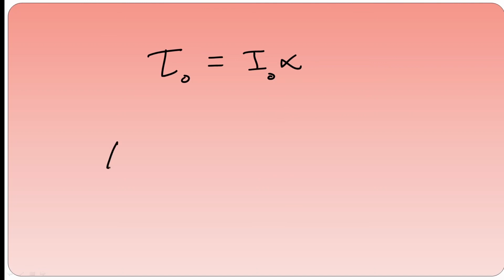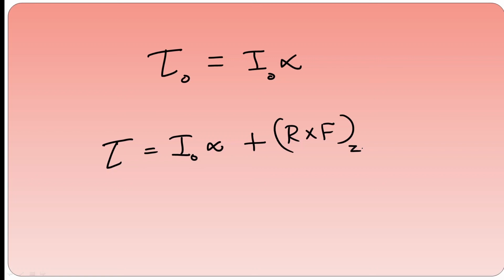Now you can write tau equal to I0 alpha plus r cross F in z direction. This is the torque about z axis for a rolling body.